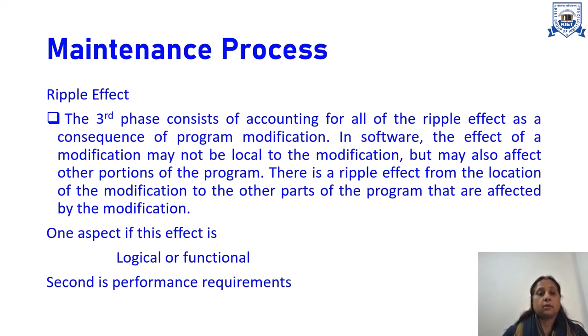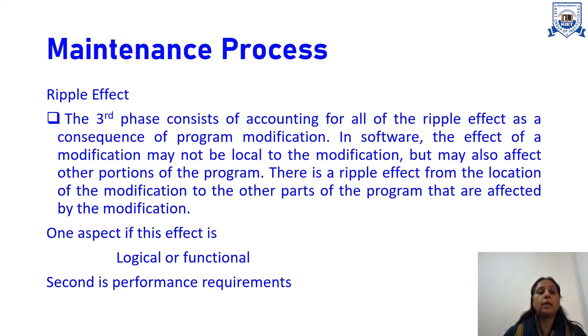Ripple effect. That is the third phase. Ripple effects are the consequences which come after the modification of your program. After doing all the modifications, what is the effect of that particular modification on the other parts of the system?